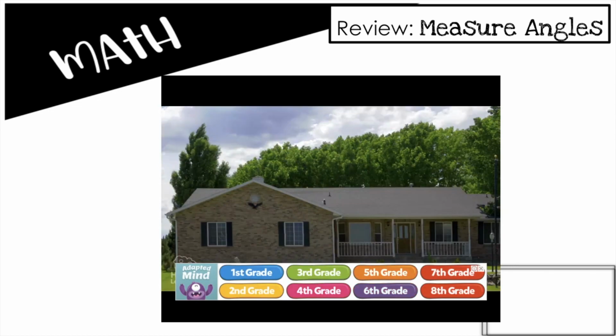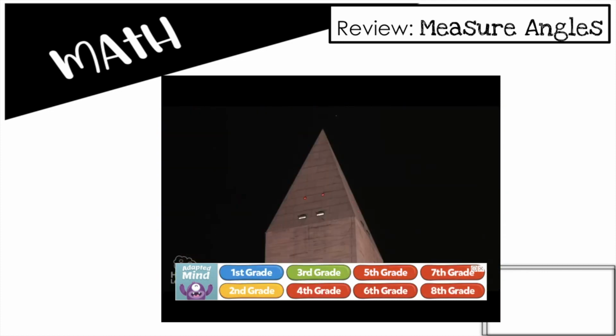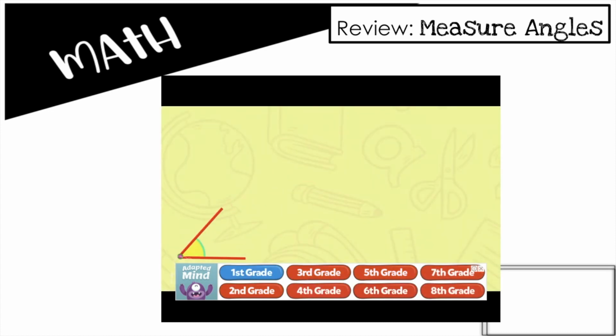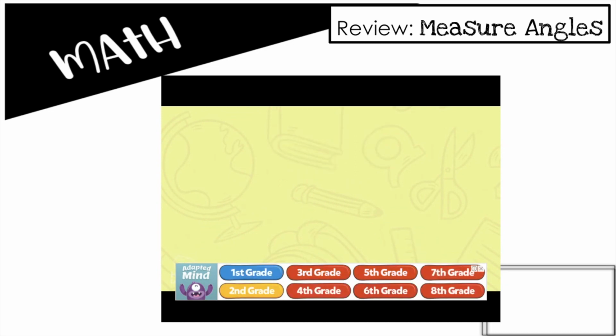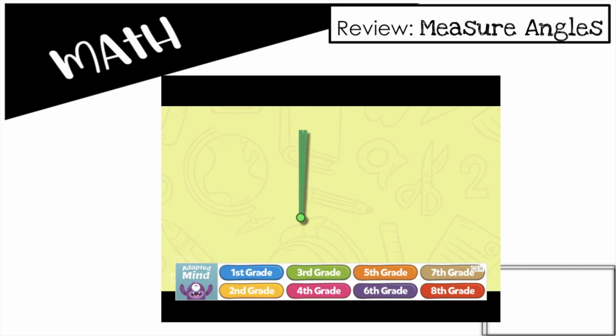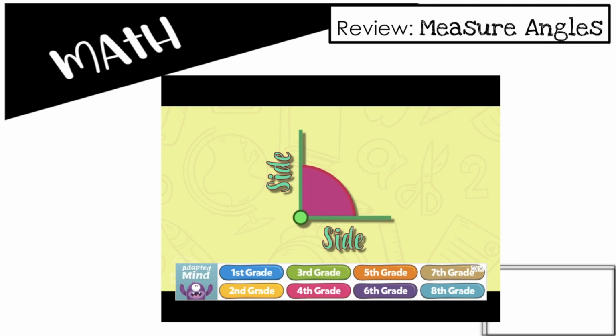Look at these images. Do you know what we're looking at? Exactly, they are angles. And today we are going to learn many things about them. An angle is a space between two intersecting lines or surfaces that emerge from the same point called vertex.